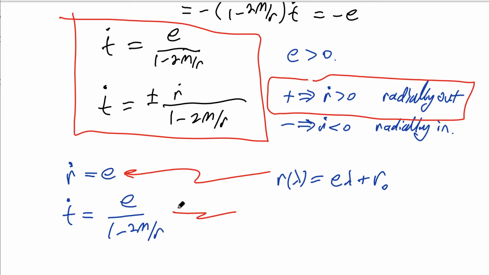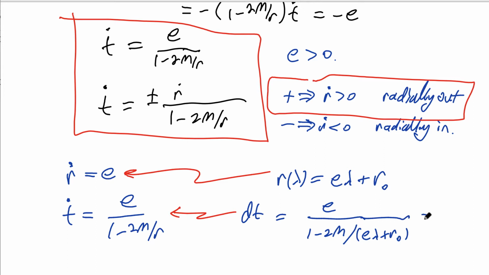And now this second equation can be written as dt equals e divided by 1 minus 2m over r, but r is e lambda plus r naught, times d lambda. And we can integrate this equation to find t as a function of lambda.